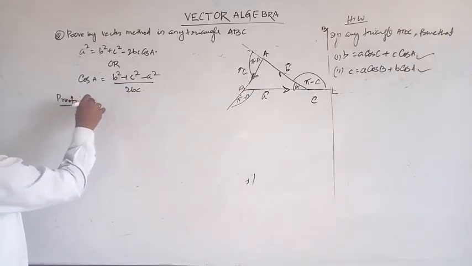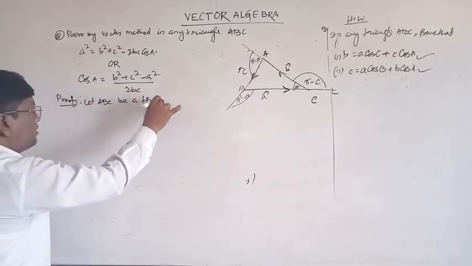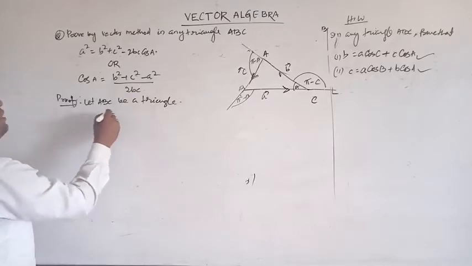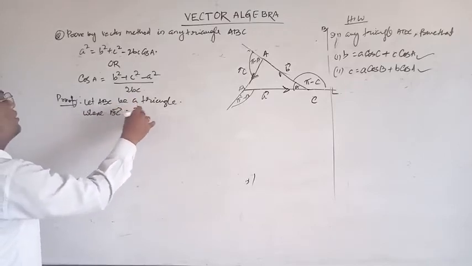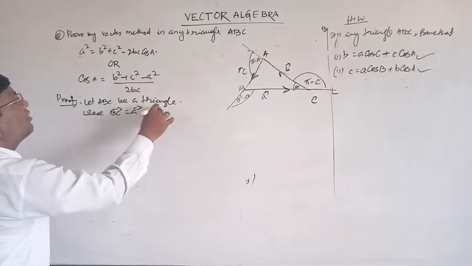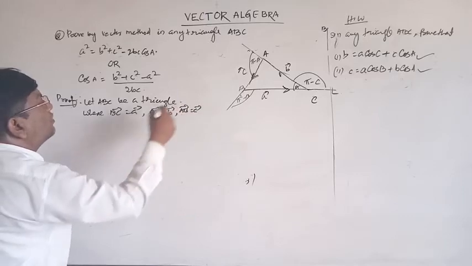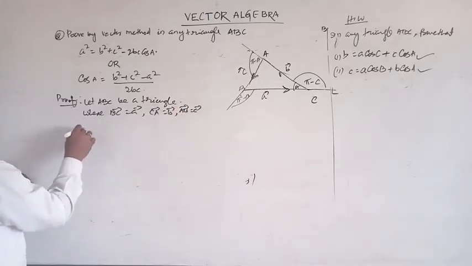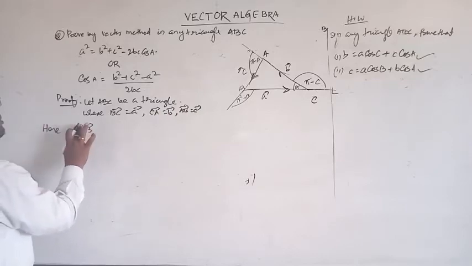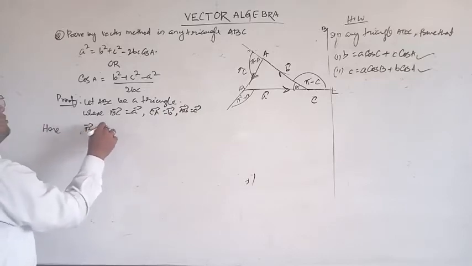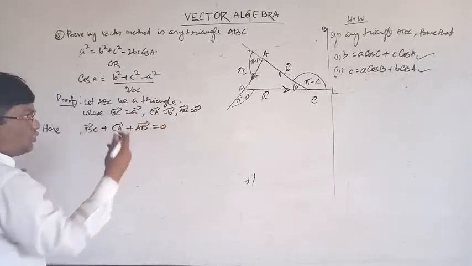Let ABC be a triangle, same concept, where BC vector is equal to A vector, CA vector is equal to B vector, and AB vector is equal to C vector. Here BC vector plus CA vector plus AB vector is equal to 0 because it is closed.